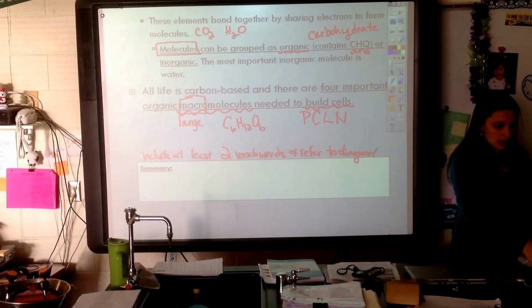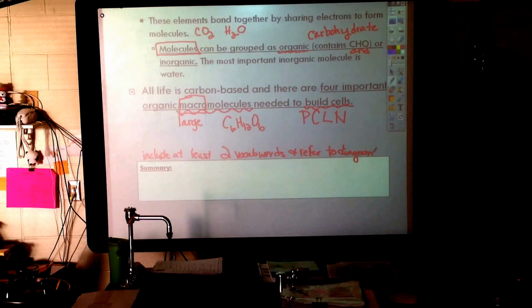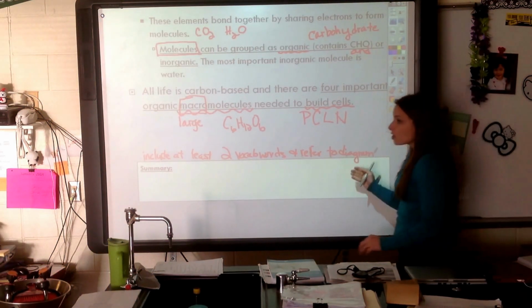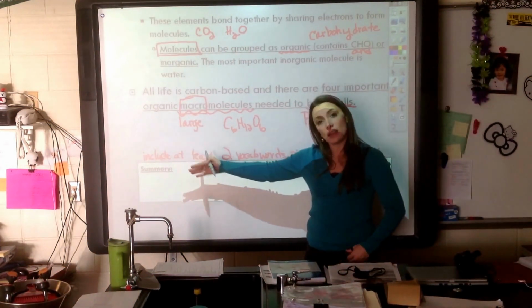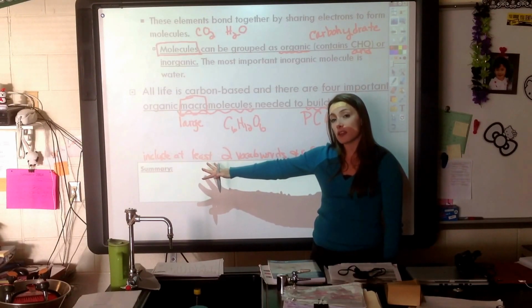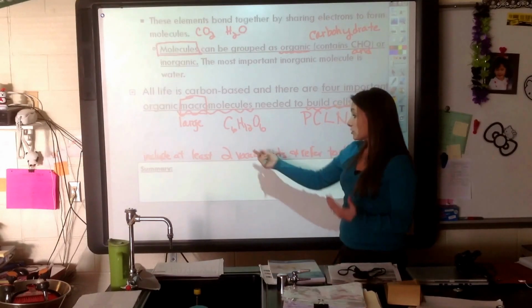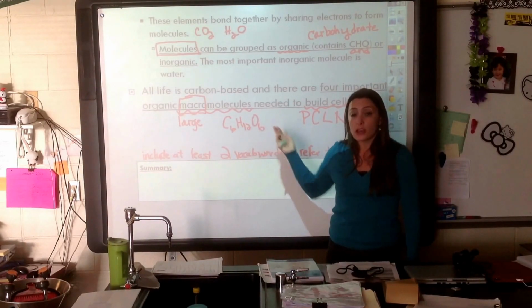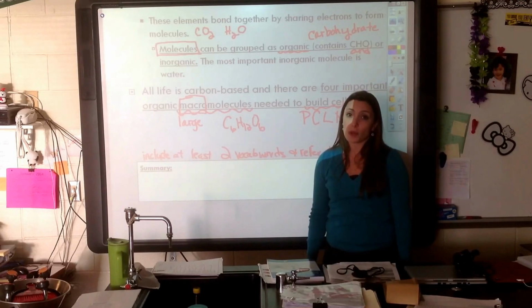So if you decide that you want to write about the scientific method and you want to refer to figure 1.1a, you can. You can go back and talk about designing a hypothesis and changing the independent and dependent variable. And there are your 2 vocabulary words: independent variable, dependent variable. And you would refer back to figure 1.1.